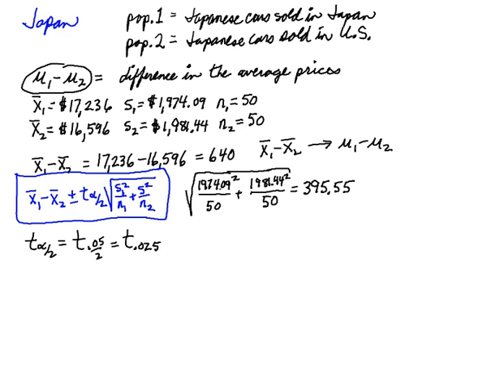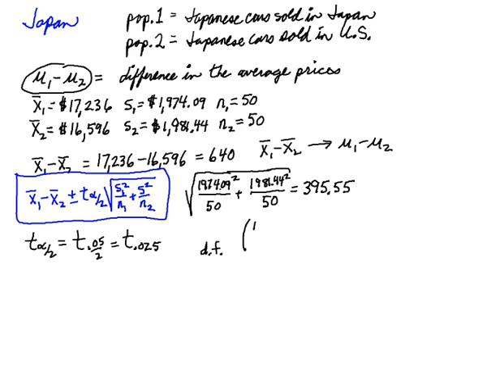For two populations, the degrees of freedom is given by a messy formula, and you can look at that formula on your formula sheet for Chapter 10. I'm going to go ahead and put the values in the correct place here. And again, this is quite a calculation.